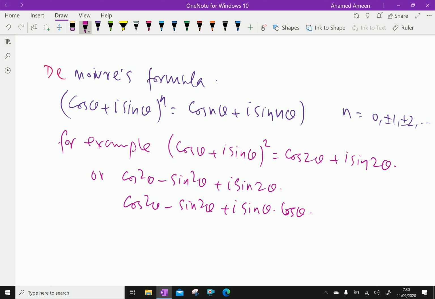Like this we can express by using De Moivre's theorem cos theta plus i sin theta power n. For n any integral power, we can express finally like this expression.